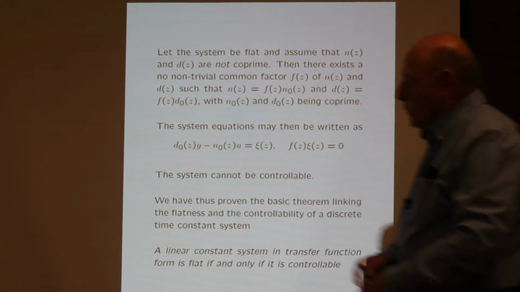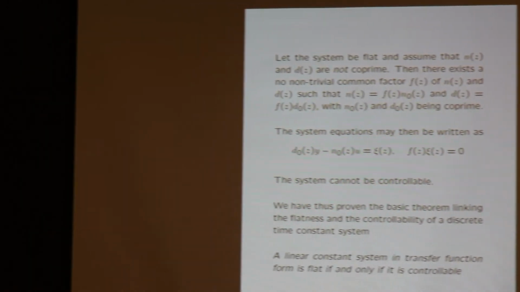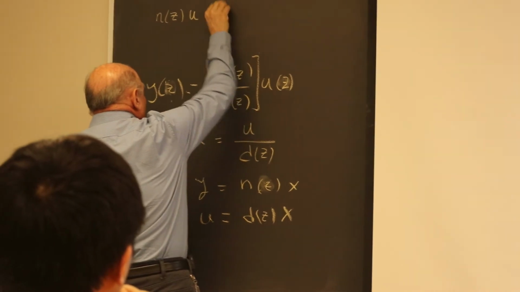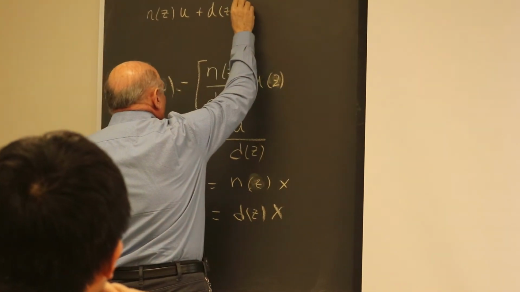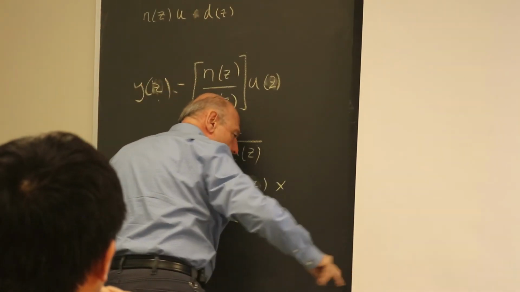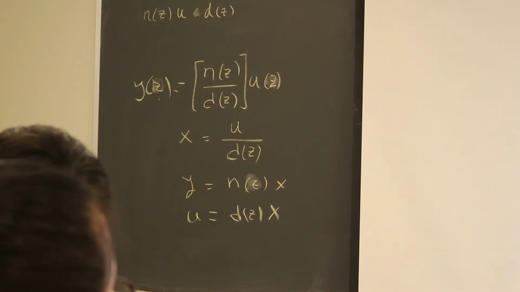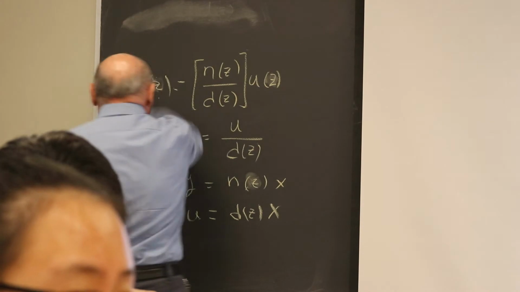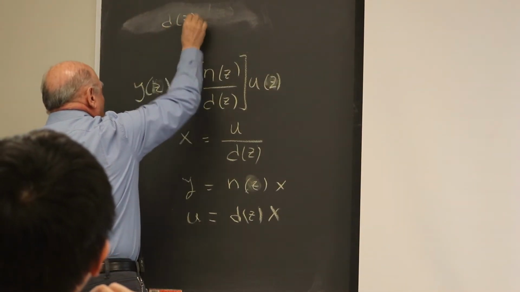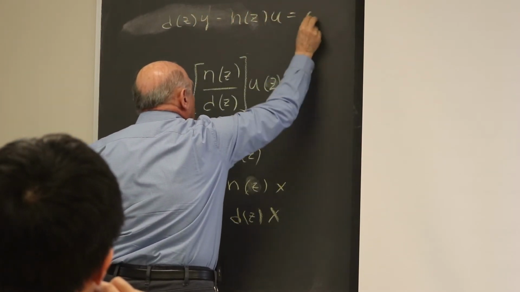Since the system description is something like this, n of c times u plus d of c times y equals, I'm sorry, d of c times y minus n of c times u equals 0.